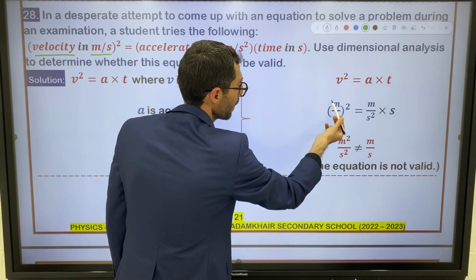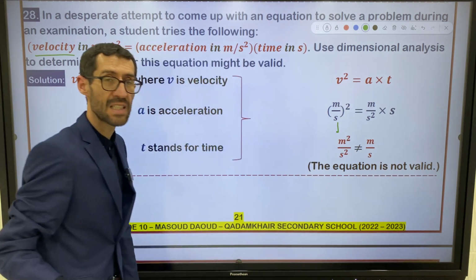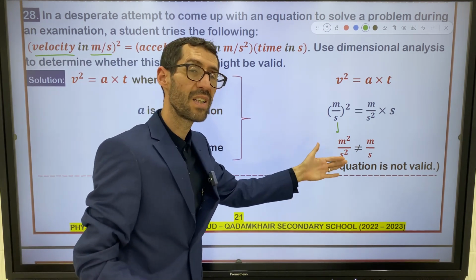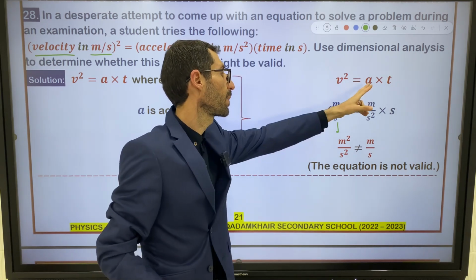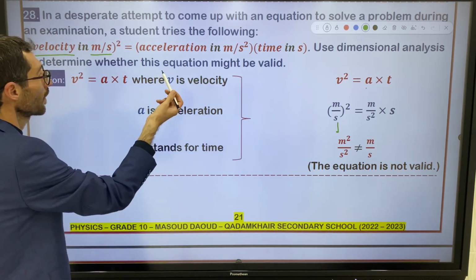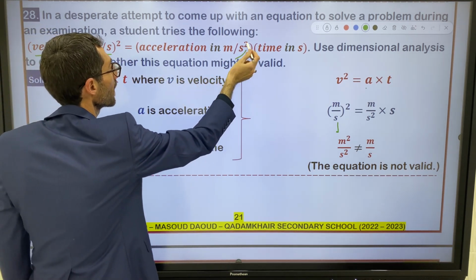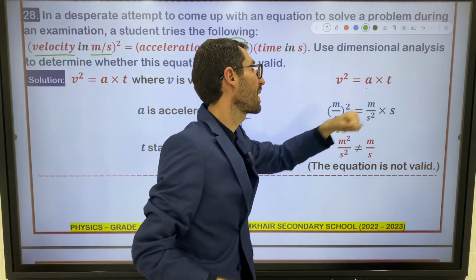It will be meter per second, squared, and the next step will be meter squared divided by second squared. So what do you say about the right part? Acceleration is measured in meter per second squared, multiplied by t.